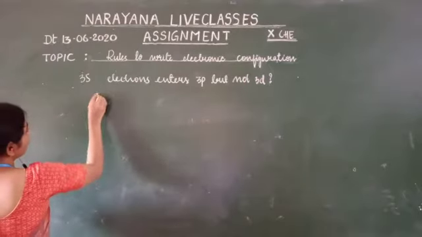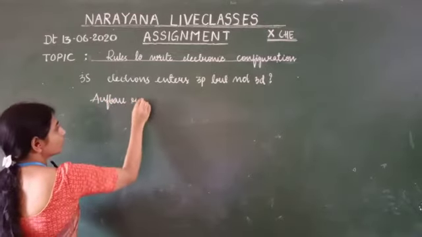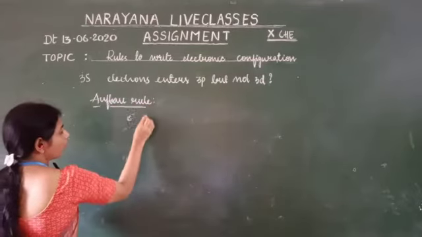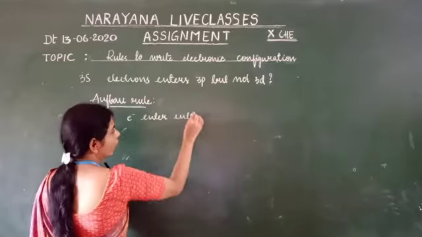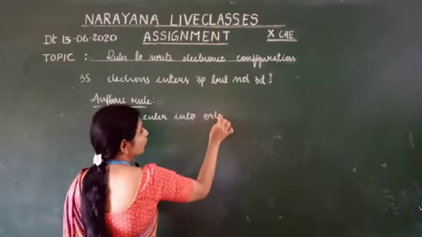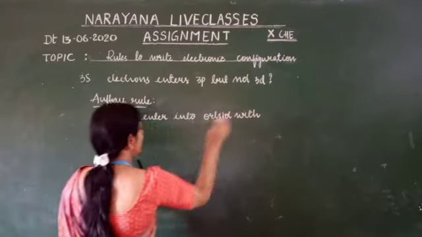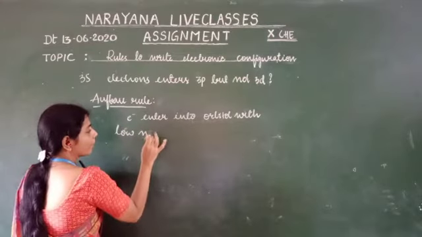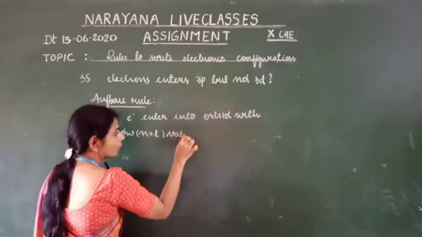The rule that has to be followed is the Aufbau rule. According to the Aufbau rule, the electrons enter the orbital with lower n plus l value. So this is the rule.